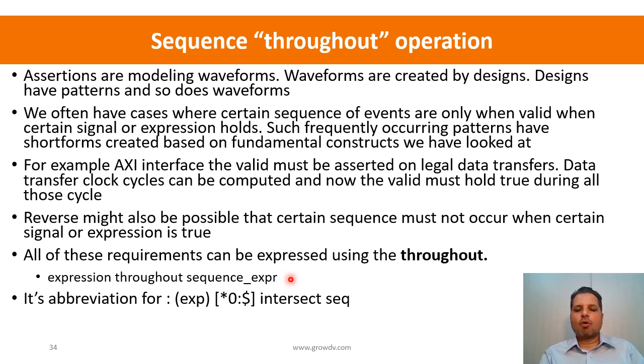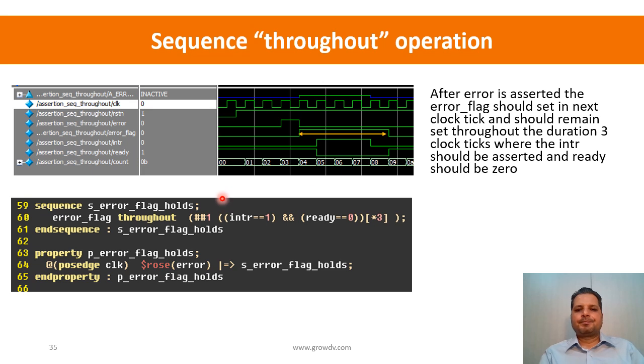Then only the overall property is satisfied. It is an abbreviation for the expression with a consecutive repetition operator from 0 to $, intersecting with your sequence. Now let's look at one of the waveforms to understand this further.